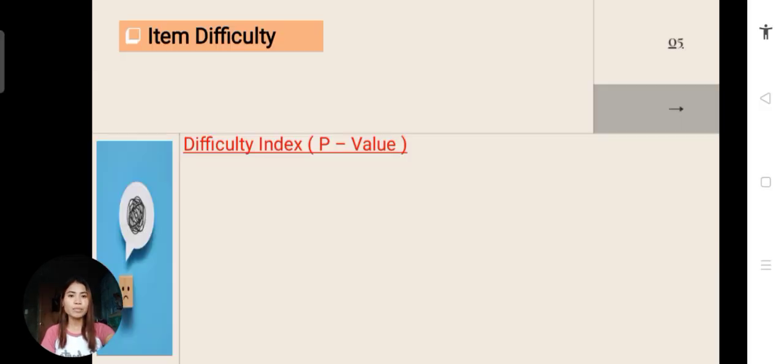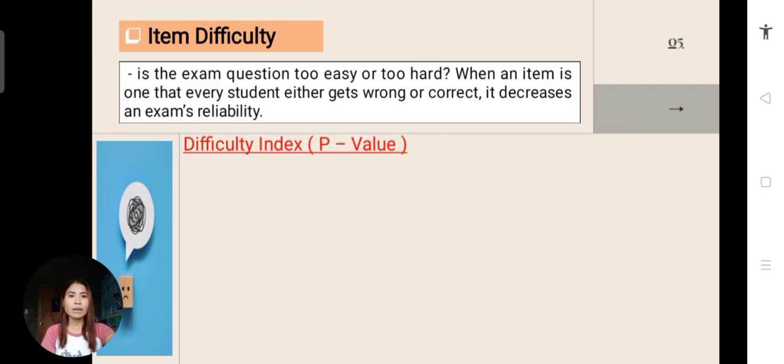So, item difficulty. Is the exam question too easy or too hard? When an item is one that every student either gets wrong or correct, it decreases an exam's reliability. Item difficulty is the percentage of students taking the test who answered the item correctly. The larger the percentage getting an item right, the easier the item.